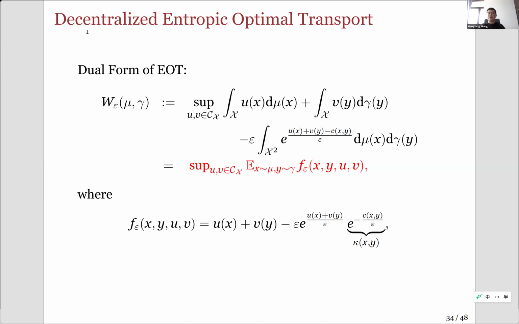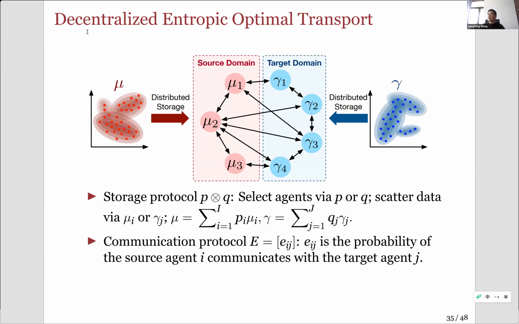Now considering the distributed setting, the source domain data mu is split into mu 1 to mu L, across L agents, and the target data gamma is split into gamma 1 to gamma J across J agents, and the overall expectation involves pairs of agents I and J.